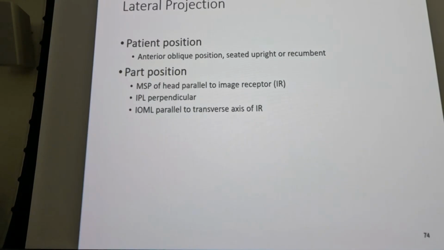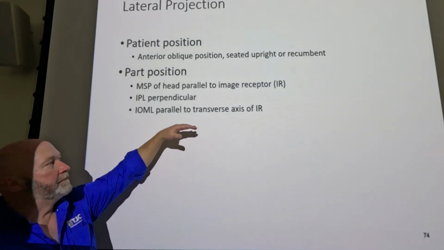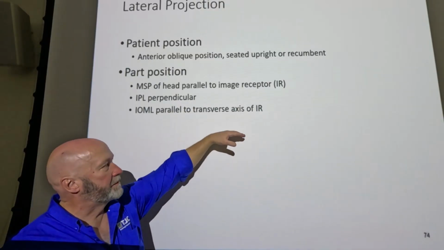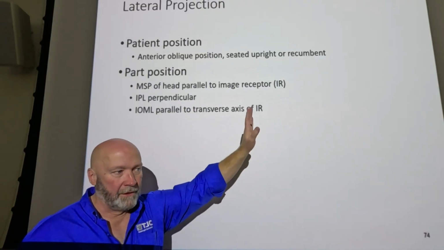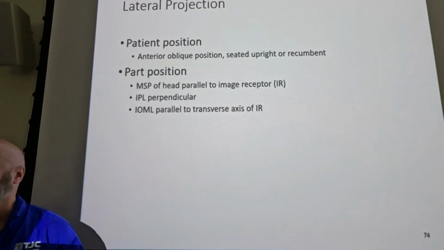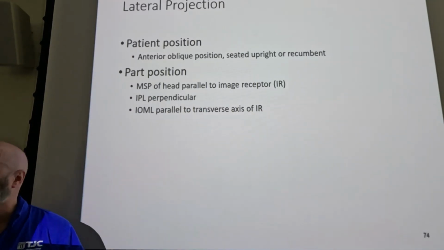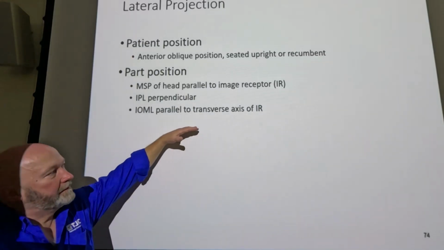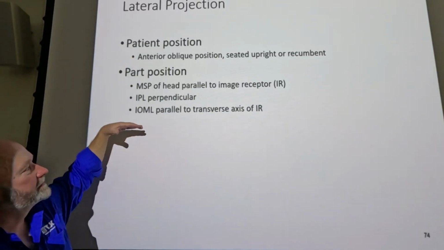So what you want to do is put the patient's interpupillary line perpendicular to the image receptor. The OML being parallel to the transverse axis of the image receptor, or perpendicular to the front of the image receptor, is for uniformity, really. And that's going to be your positioning for each one of these laterals.